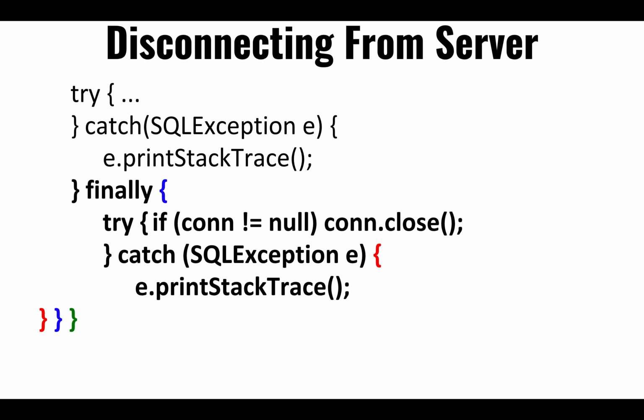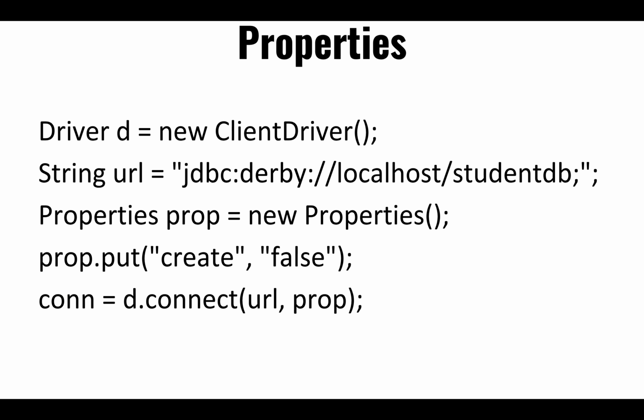Connections are very expensive, so typically you don't want to instantiate one, get a connection, and then when you're done, throw it away. They're very, very expensive, so typically you want to pool them. So yeah, here we're just closing it. And nevertheless, when you're done, close the connection.